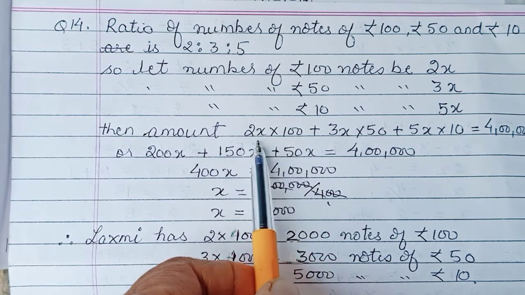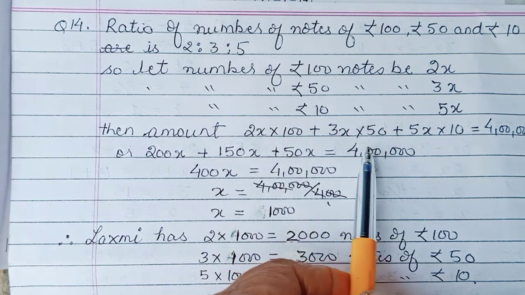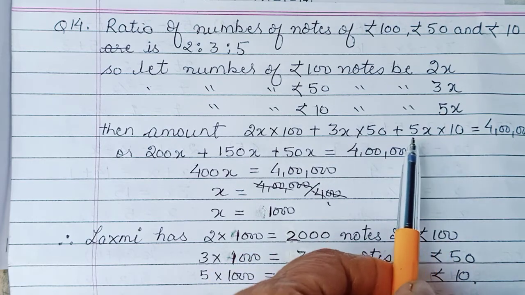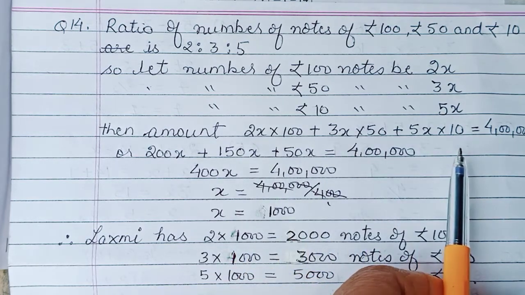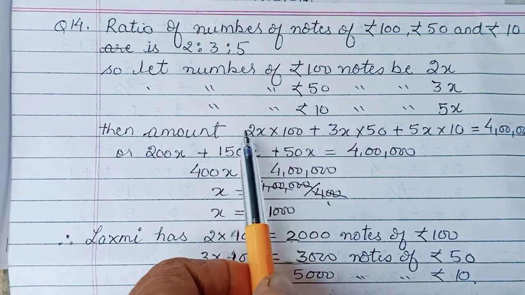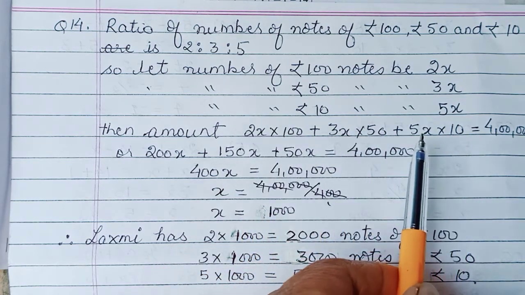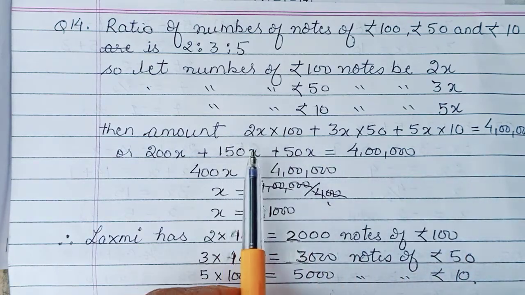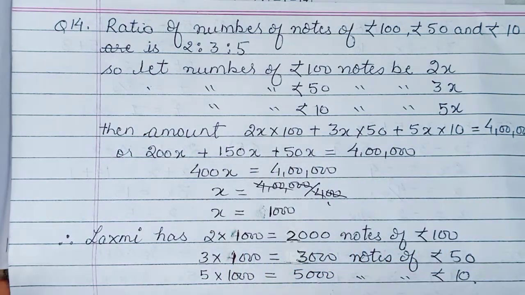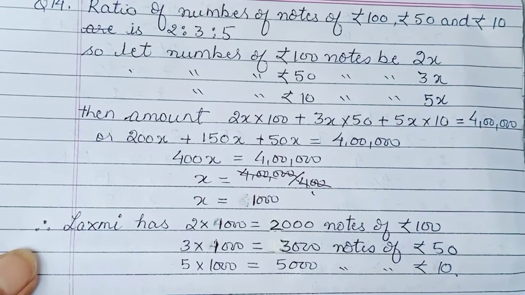So rupees 100 we had 2x notes, 50 we had 3x, and 10 we had 5x. So we are multiplying them. Okay, so this much amount we get from rupees 100, this much from 50, and this much from rupees 10. So summing that up, this total amount was told to us was 4 lakh. Okay, so that is how it goes.